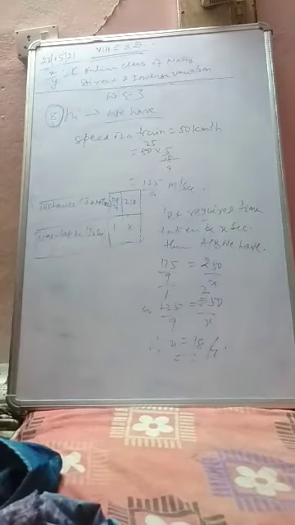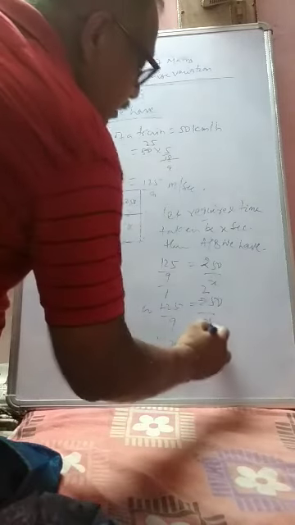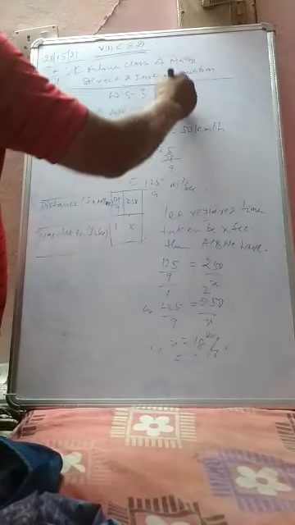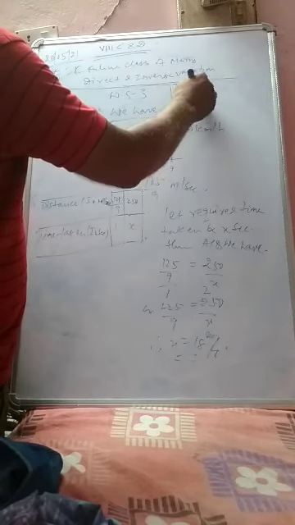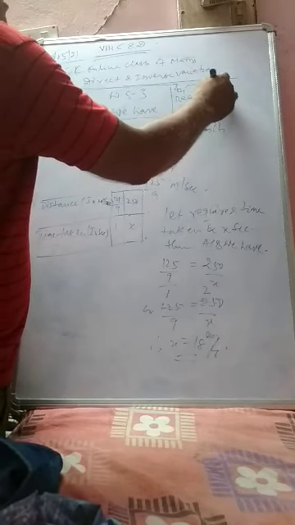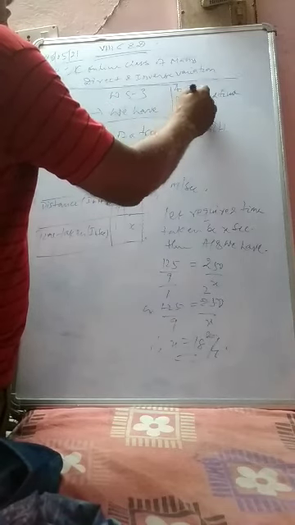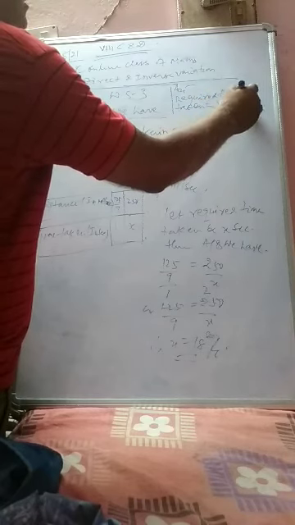After doing cross multiplication, we have the same result. x is equal to 18. That is 18 seconds. That is the answer. Required time taken is 18 seconds.